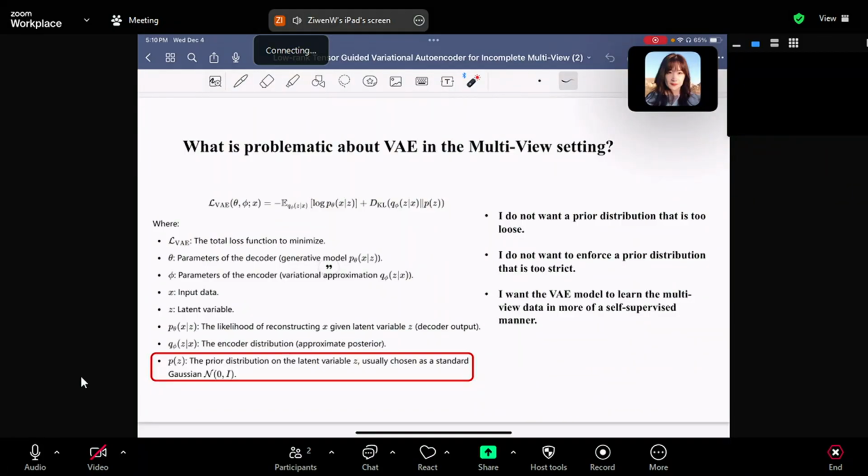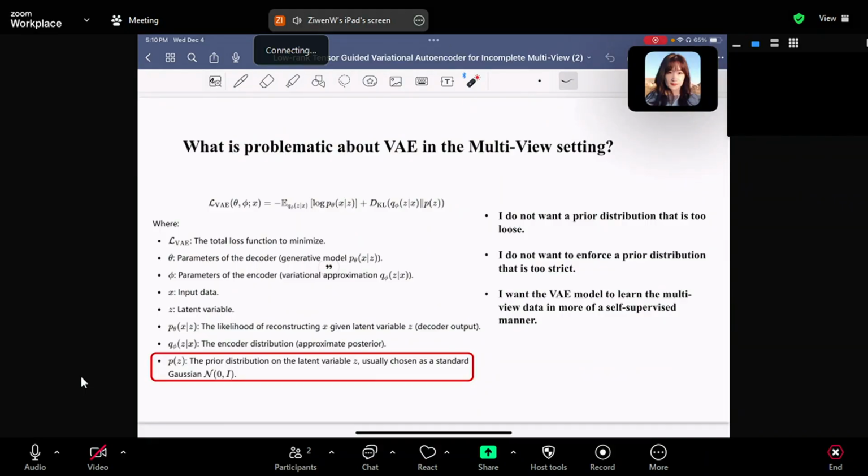But I think there's a smarter way to solve this restriction problem. At the same time, I don't want to enforce a prior distribution that is too strict because that loses generality. I've seen other research teams use Gumbel softmax and Gaussian priors, or they might use a mixture of Gaussians.